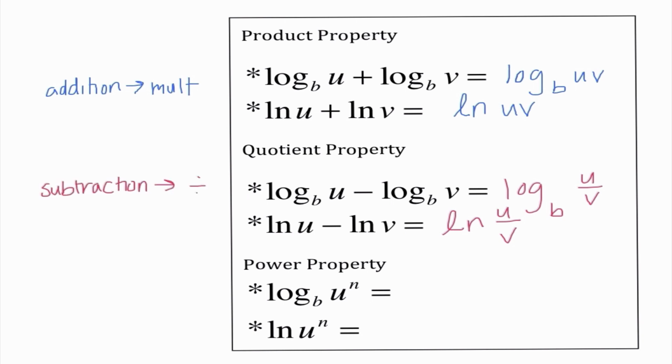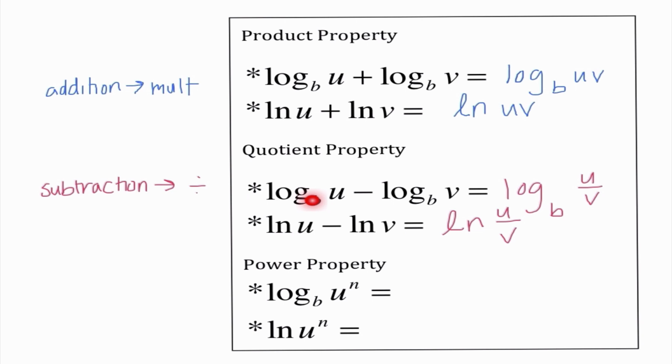So what we're seeing here is that when we have subtraction and we want to condense it, it goes into division. On the other hand, if we were expanding and we had division, we could write it as subtraction of different logarithms that have the same base.